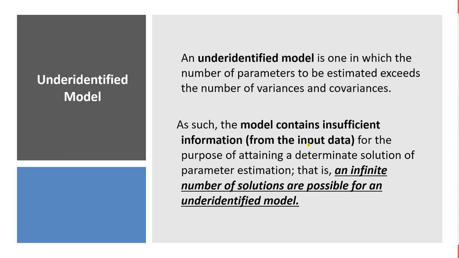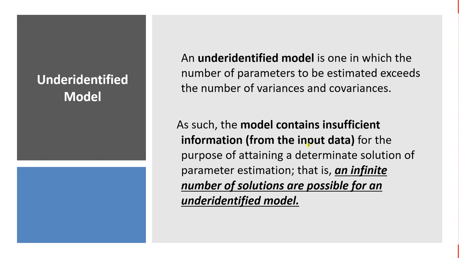As such, the model contains insufficient information from the input data because the number of parameters to be estimated is higher than the number of data points, and therefore an infinite number of solutions are possible. We will not arrive at a unique solution, and therefore this is a model which we are not interested in.